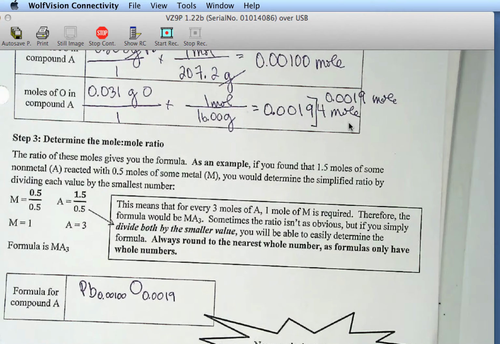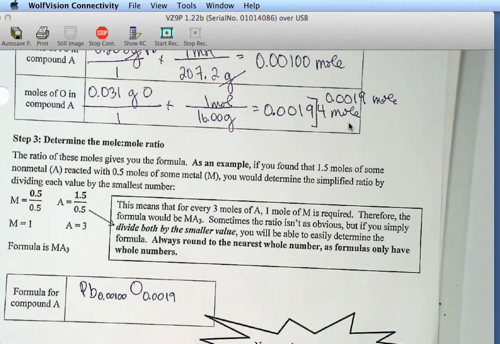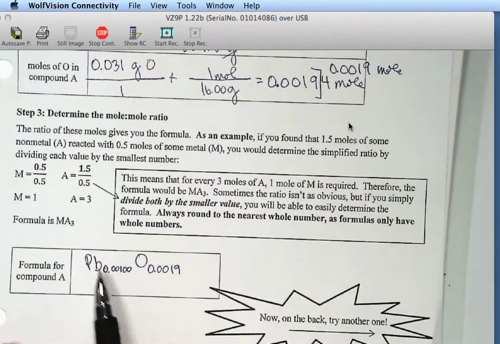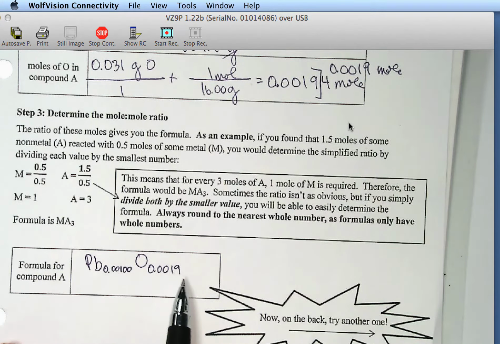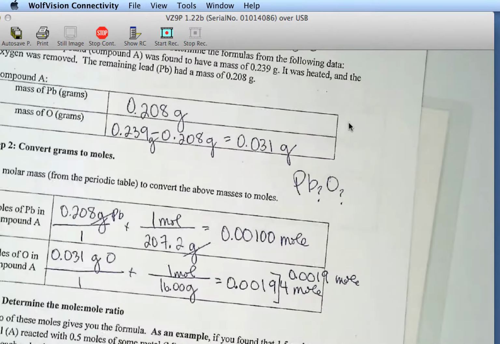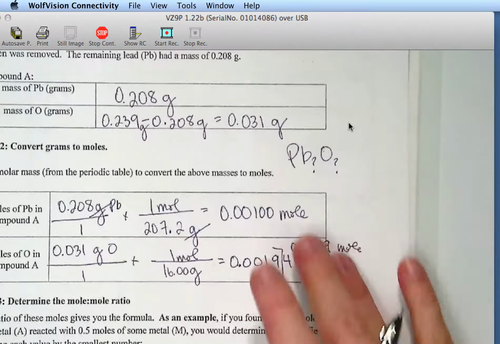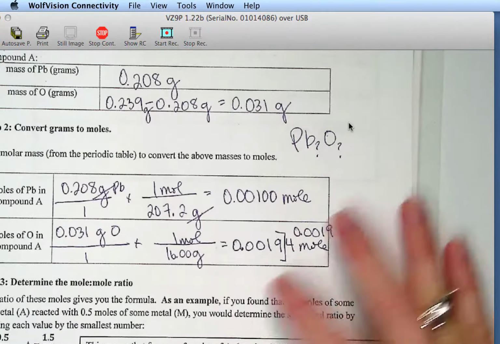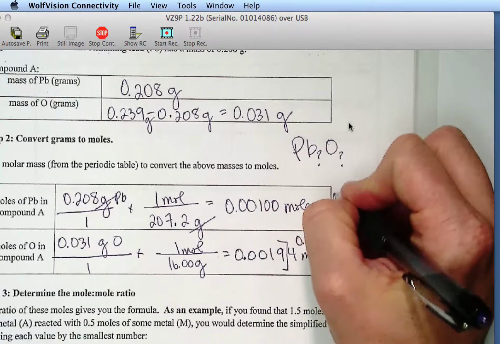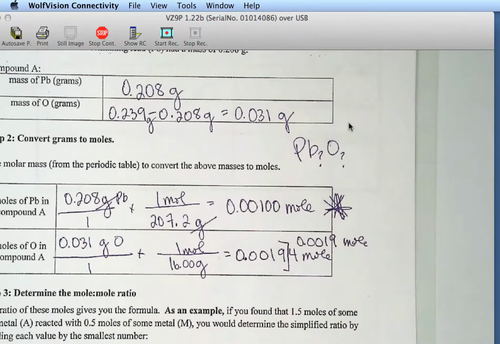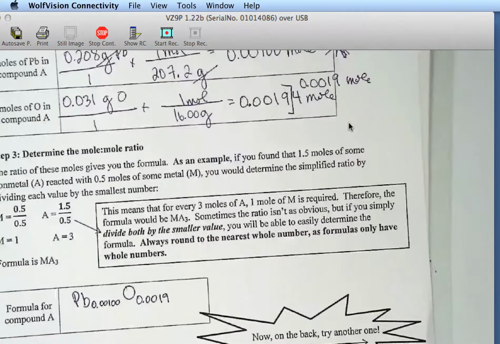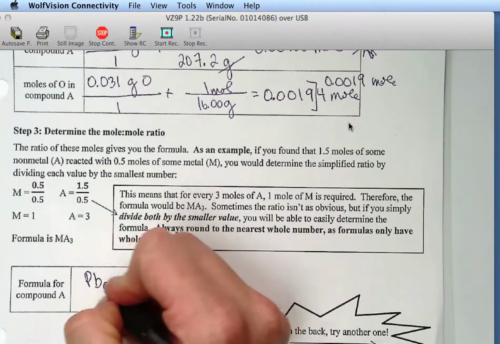No. So we have to have whole number ratios for our coefficients. So what you're going to do is divide by the smallest number of moles. If it helps you, star the one that's the smaller number of moles. In this case, it's the lead. So you're going to divide both by that number.